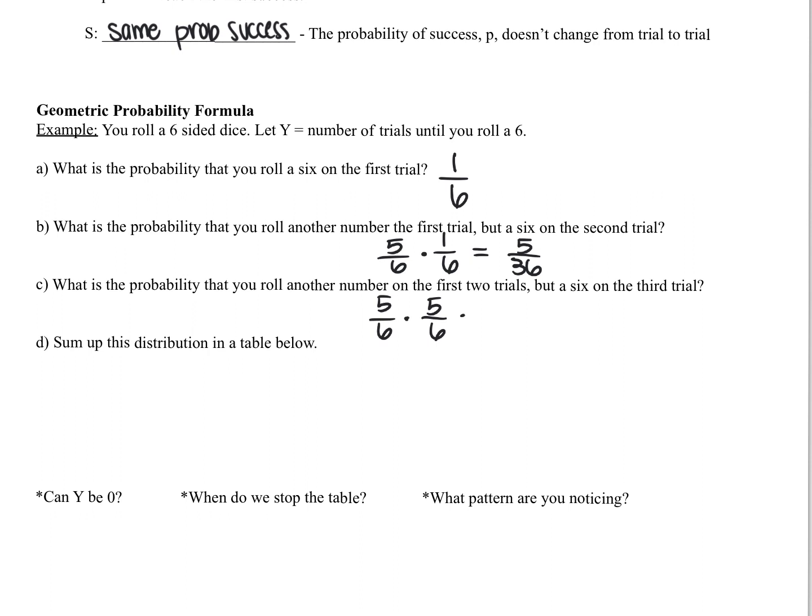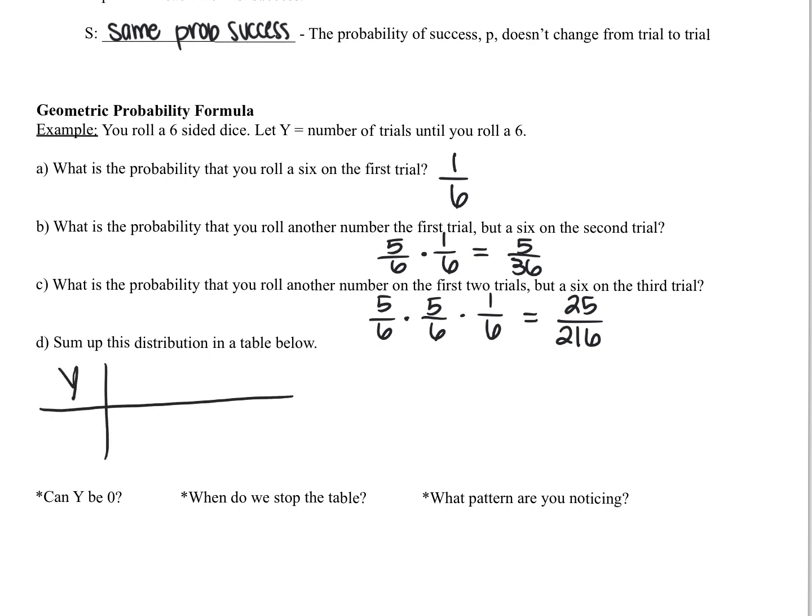And then my third roll is the 1/6, which gives me 5 times 5 is 25 over 6 times 6 times 6, which is 216.